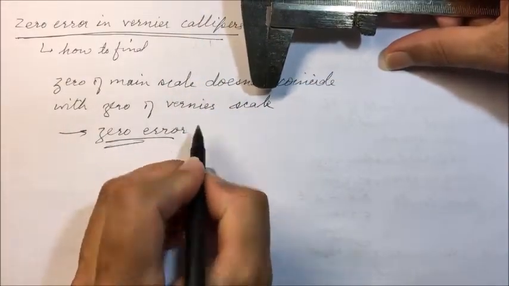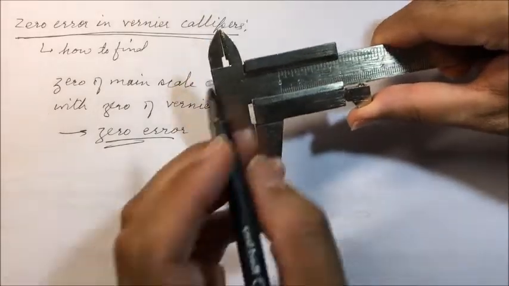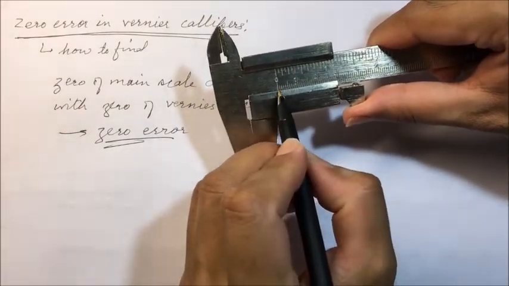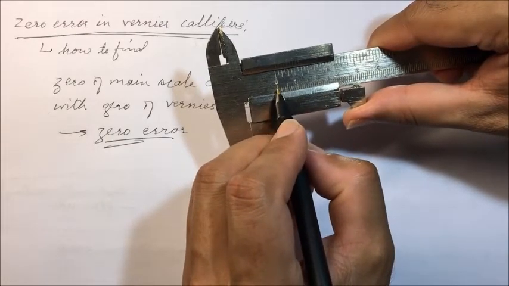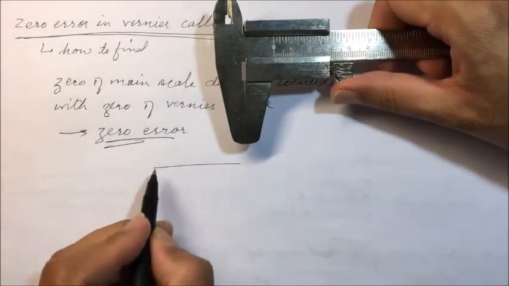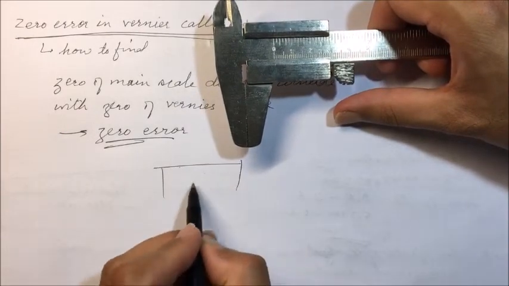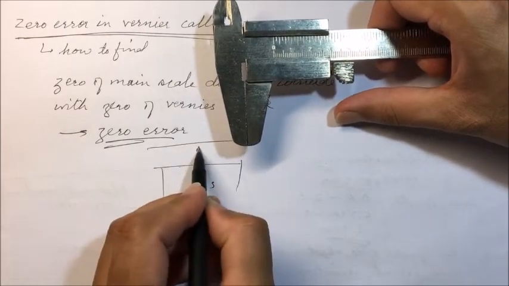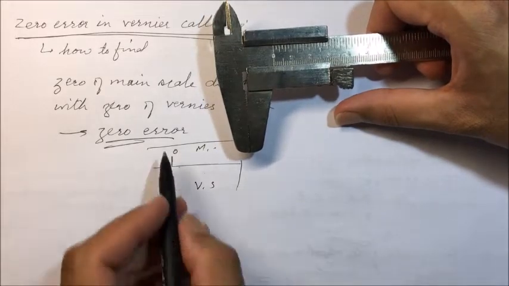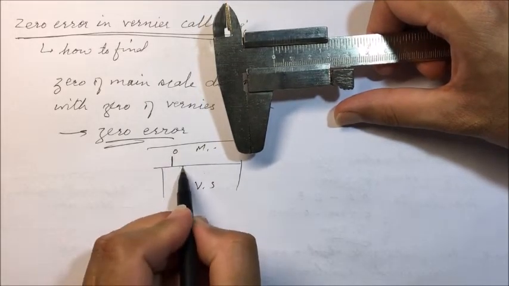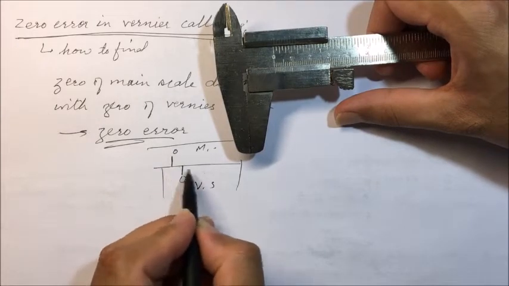Now it can be of two types. The zero of the vernier scale can lie ahead of the zero of the main scale. For example, this is our vernier scale and this is our main scale. This is the zero of the main scale, and this is the zero of our vernier scale.